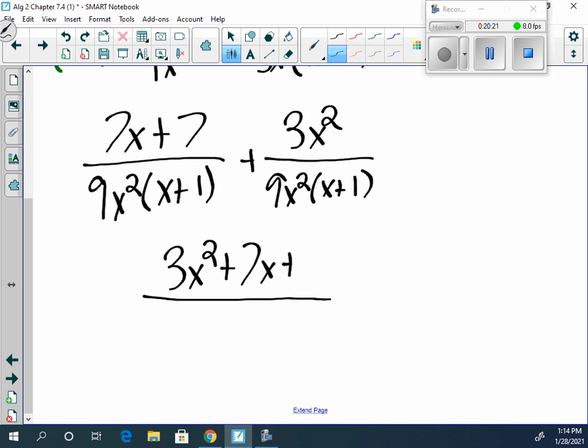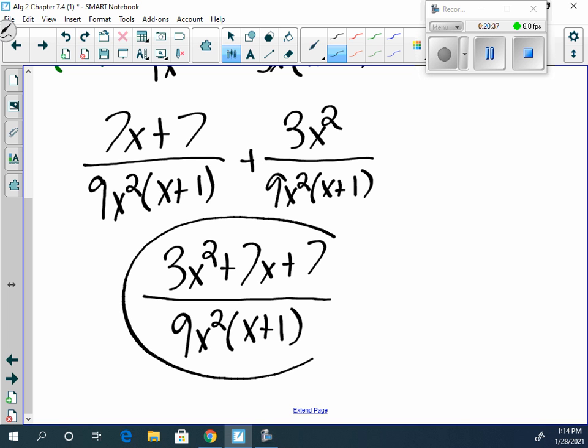Plus 7x plus 7 over 9x squared times x plus 1. I'll tell you right now, this is as simplified as it gets because 3x squared plus 7x plus 7 is not going to simplify further than that. That's as simplified as it gets.